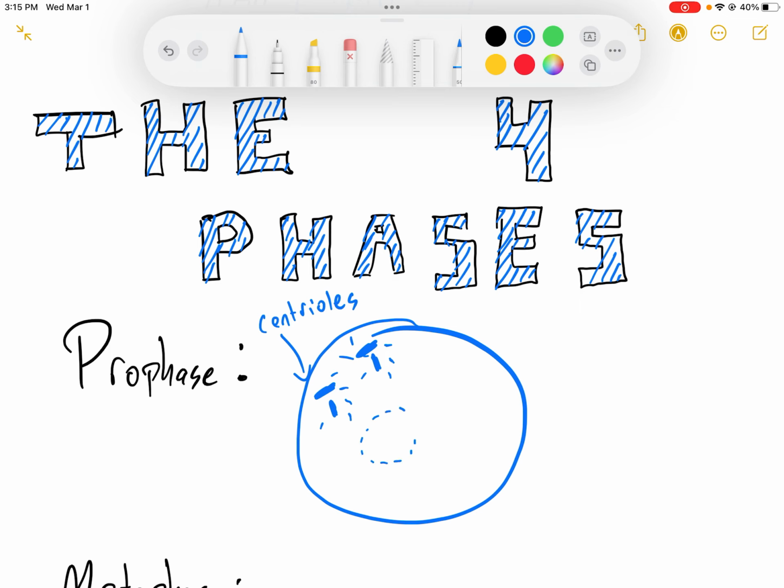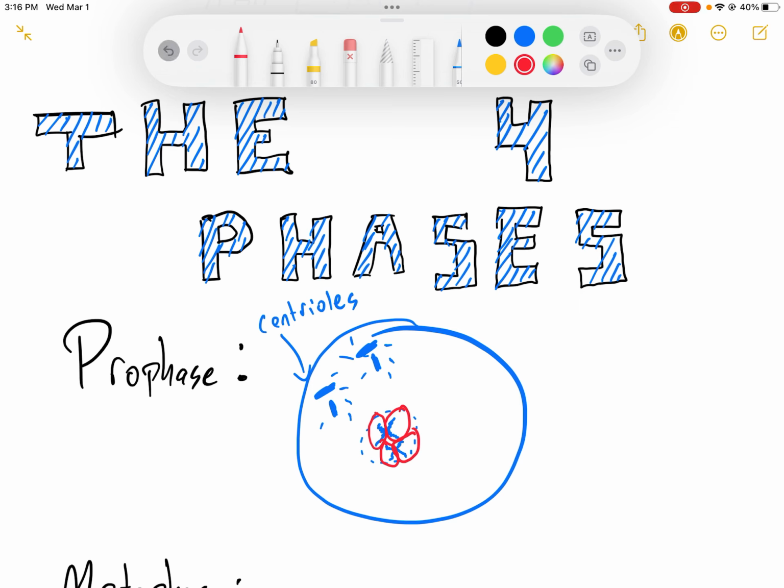The nuclear envelope starts to disappear, and our chromosomes start to condense. So if you remember, these chromosomes are already copied. So this side of the chromosome is the same as this side of the chromosome. So this is 200% DNA. This side of the chromosome is the same as that side of the chromosome. So our chromosomes start to condense.